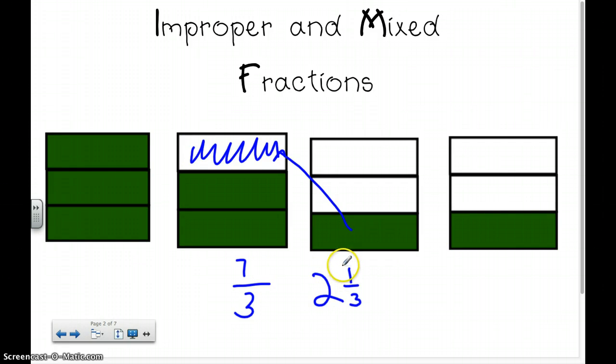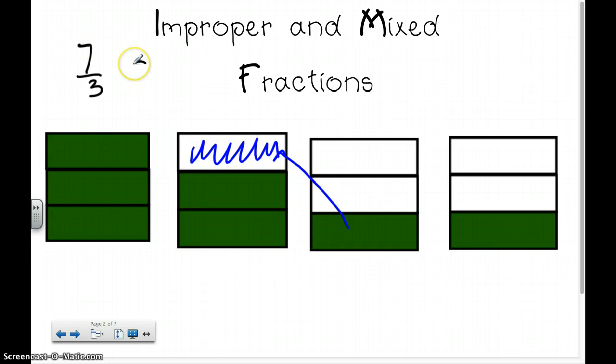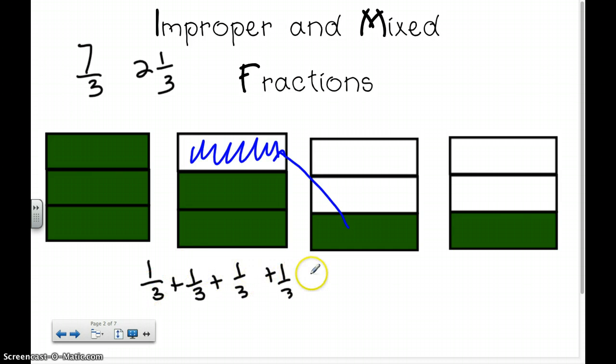Now, to add this up, if I wanted to add this, I'm going to erase this and put it on top. 7 thirds and 2 and 1 third. I could go 1 third plus 1 third plus 1 third plus 1 third. 1, 2, 3, 4.